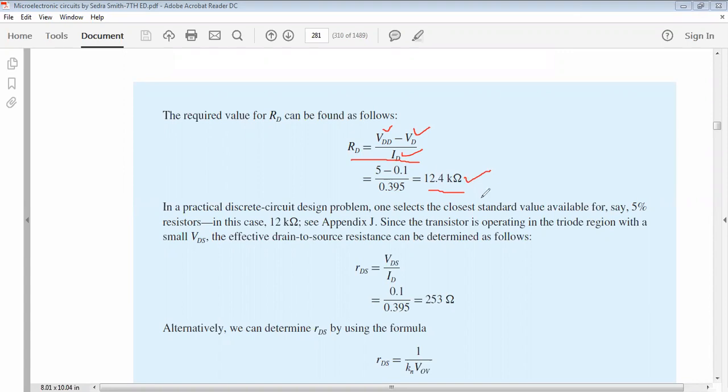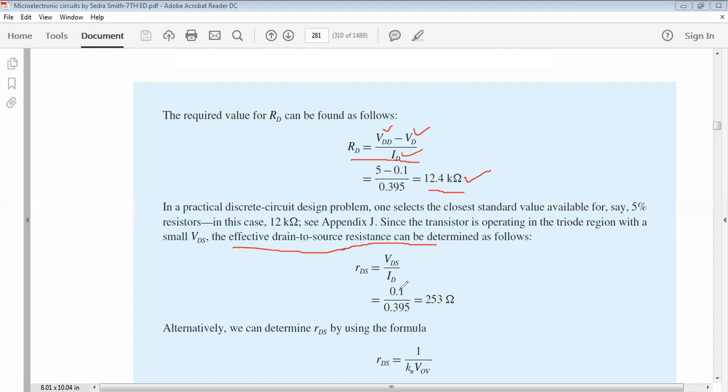Right? Okay. Now in this problem, we are asked to find the effective drain to source resistance. That is denoted as small rds, which is equal to VDS by ID.